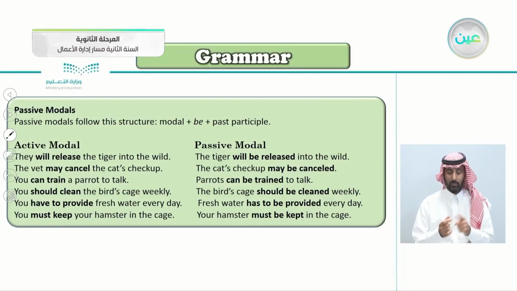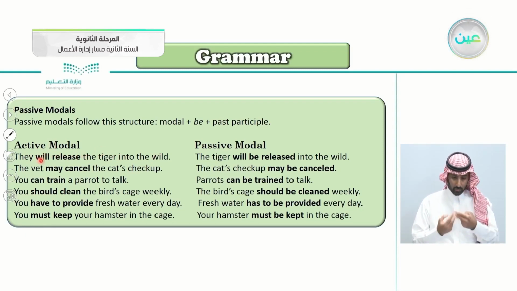So the passive modals follow this structure. This is the form of the passive modal: the modal itself, be, then the past participle. Again, the modal, be, then the past participle. For example, how do we change from active modal to passive modal? They will release the tiger into the wild.